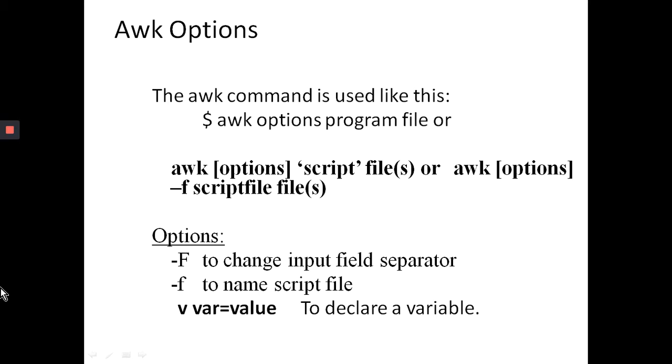So the very first thing that appears in our mind is how to use AWK over the prompt or the terminal. From the command point of view, the use of AWK is very simple.